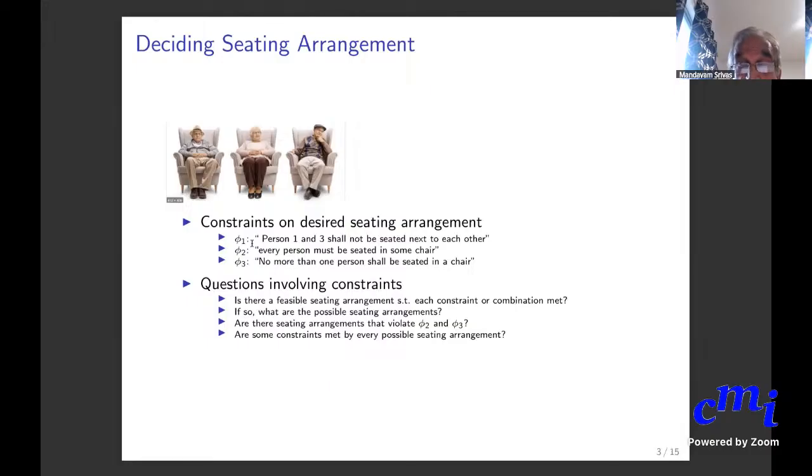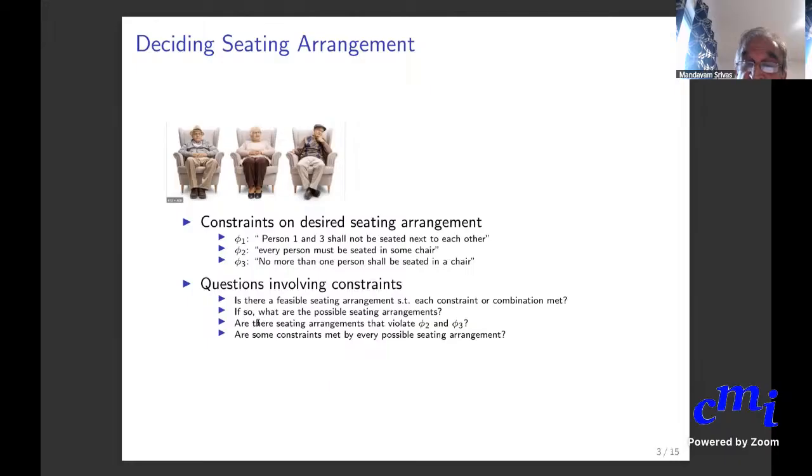Once you are able to express each of these constraints as formulas in propositional logic, the question of whether there is a feasible arrangement can be expressed as whether there is a satisfying solution for those constraints. Then you can say, if so, what are the possible seating arrangements? That is, extracting a model that satisfies the formula.